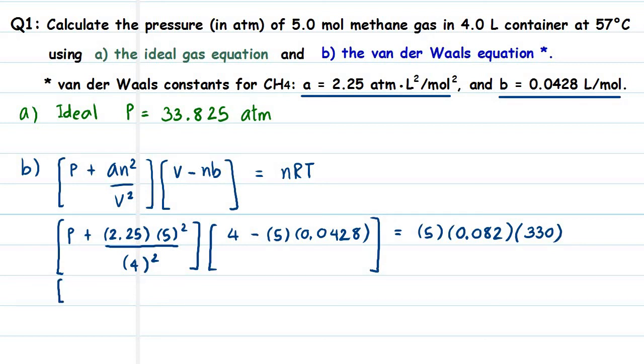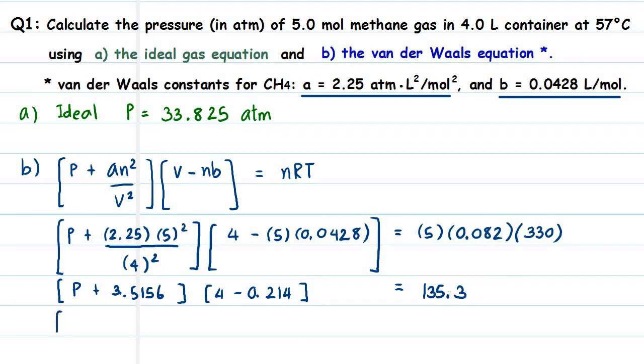Here we will get P plus 3.5156 times 4 minus 0.214, and that's going to be equal to 135.3.